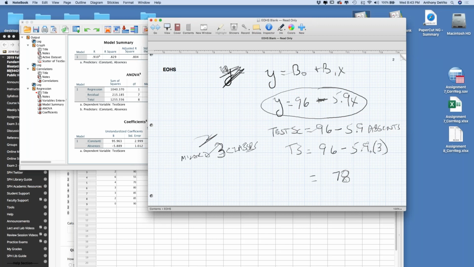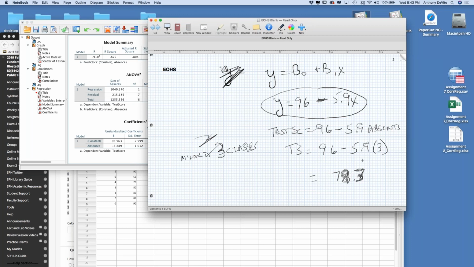If it's 18, it'll be 79.3 or 78.3, one or the other.